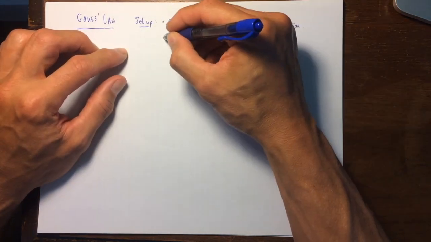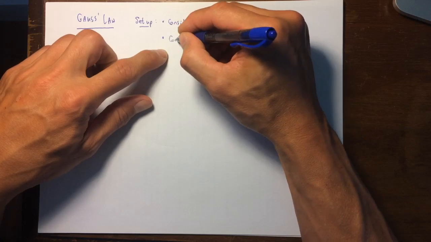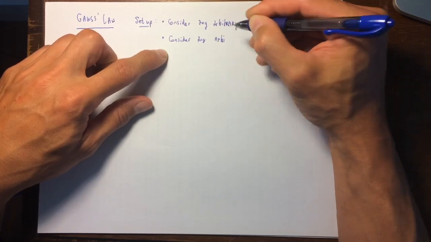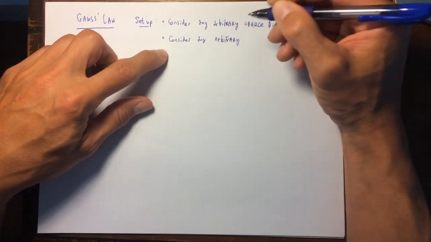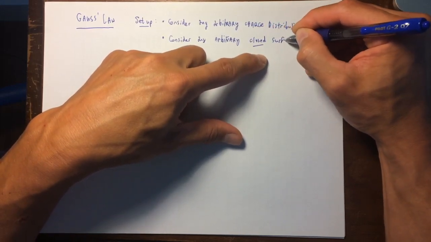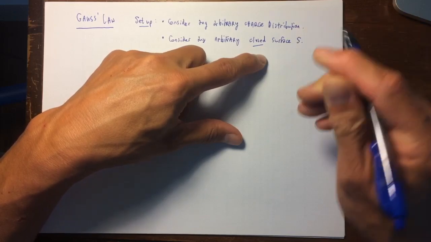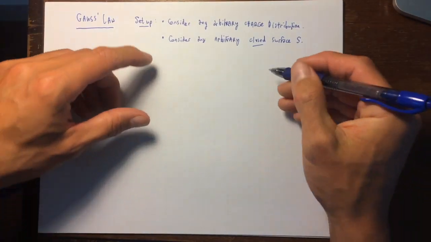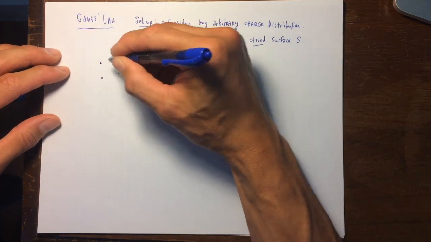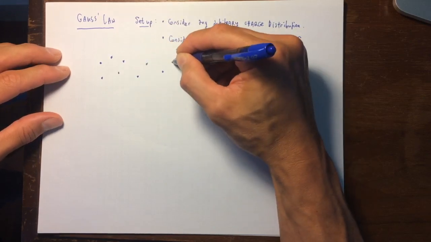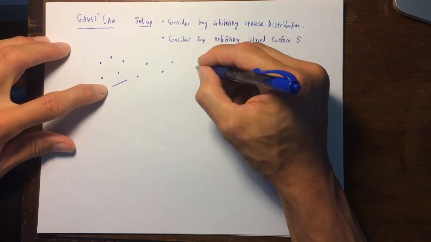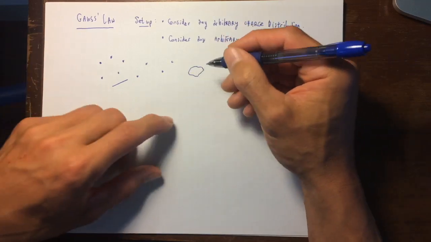So that's one thing. Also, consider any arbitrary closed surface S. Okay, so here's an example of this setup. Here are some charges spread out in space, and here's a charged rod, and here is a charged conductor.